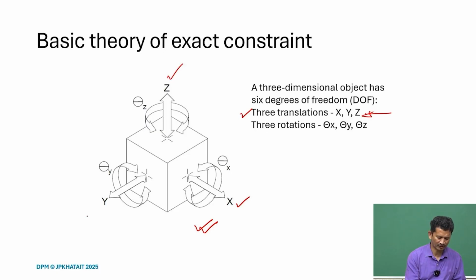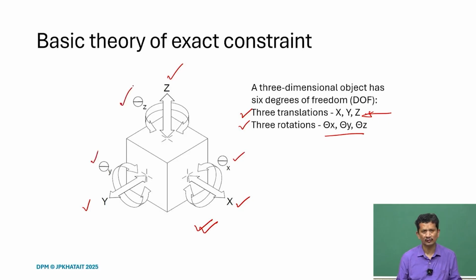It can translate in all the 3 directions x, y and z, and 3 rotations, which are theta x, theta y and theta z. So, these are the total 6 degrees of freedom one rigid body can have in 3D space.